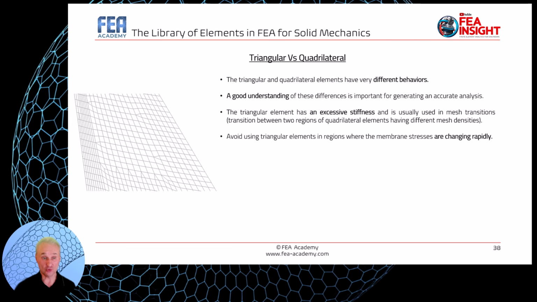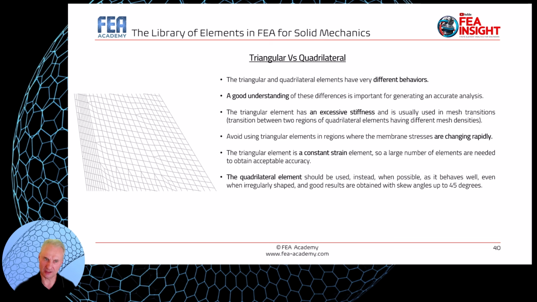So you have to avoid using tria elements in a region where the membrane stresses are changing rapidly, when you have a high gradient. The triangular element is a constant strain element. It's very important to keep that in mind. So a large number of elements are needed to obtain acceptable accuracy.